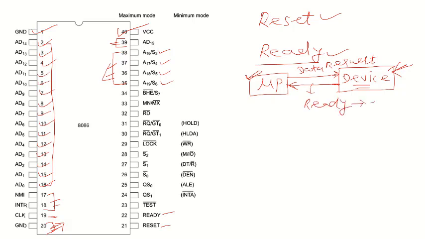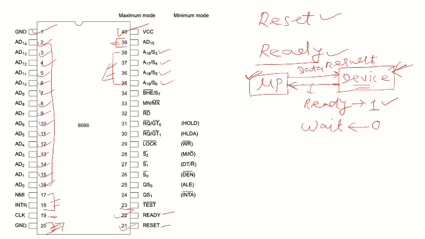If ready is 1, the microprocessor can access this device. If it is 0, the microprocessor moves into the wait state, meaning it will wait for some time. So this is all about ready and reset.